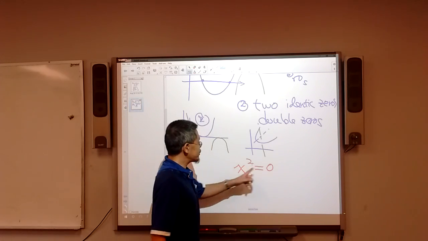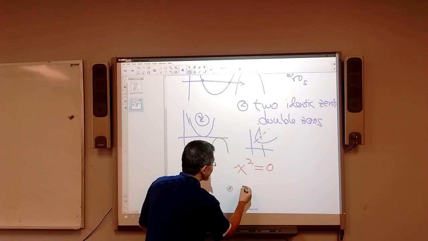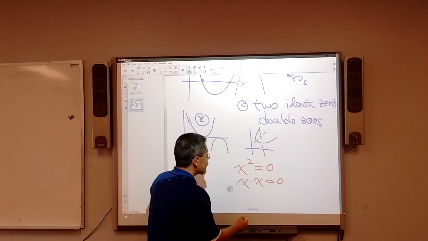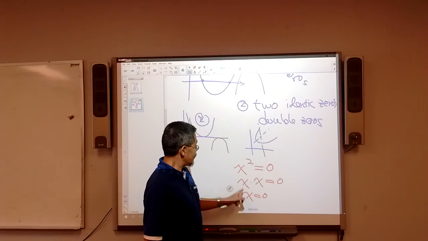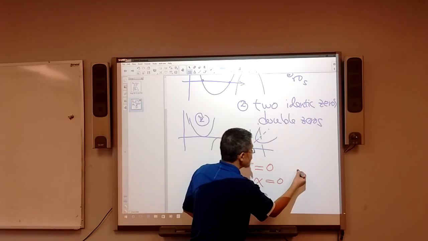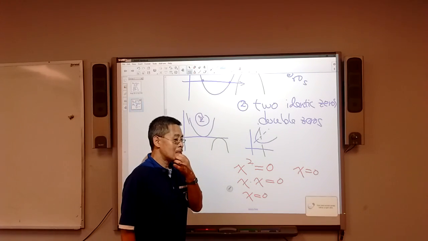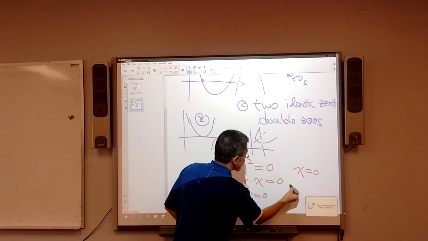X0 is 0. This actually is made of what? 2x here, right? So the 0 has to be x0 to solve this problem. But there's 2x, so it's 2 zeros. This is different from simply this. It's just 1. Okay? Right? That's what we call double zeros.